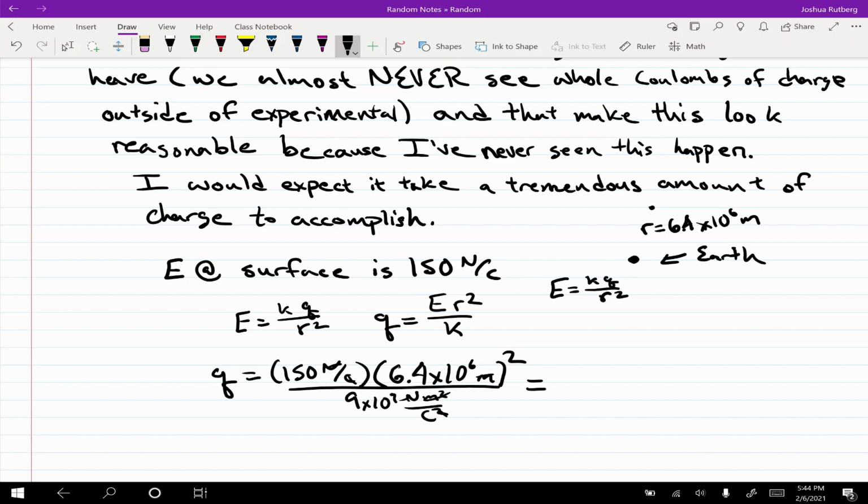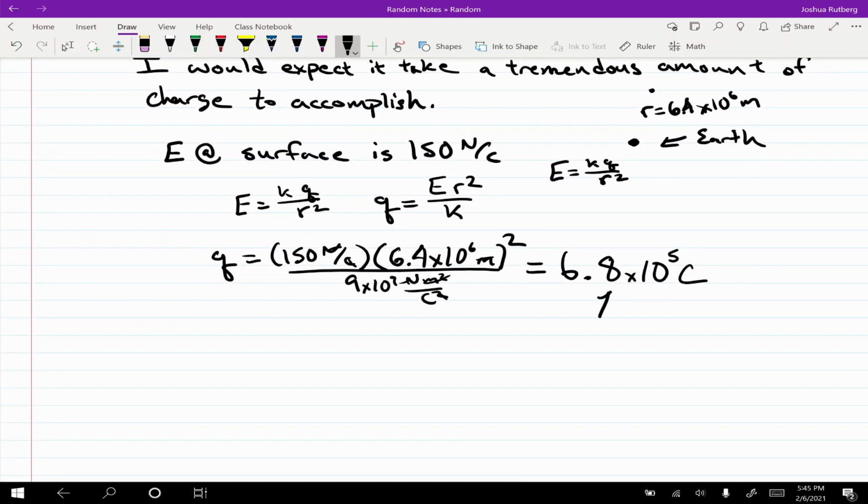And in order to get this, I get 6.8 times 10 to the 5. So that's the amount of charge that we would need on the entire Earth.